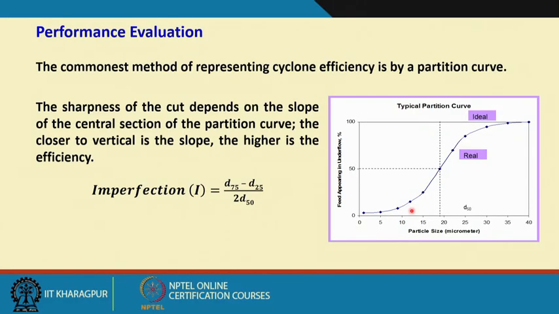So, like that we plot it based on underflow. You can plot it also based on overflow, there is nothing wrong in that, but conventionally the mineral processing people plot based on the underflow, because the underflow is easier to collect in most cases in the plant, and the overflow is basically sent directly to downstream processes.